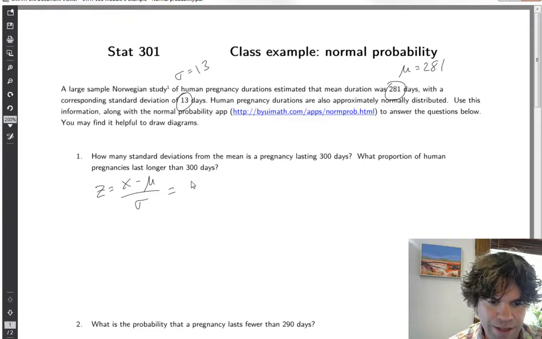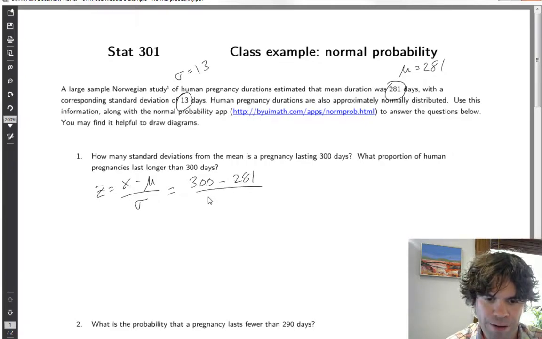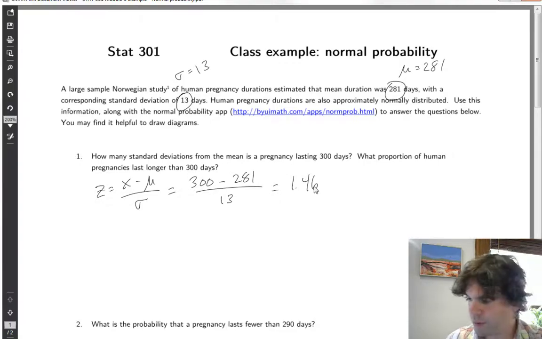And so I'll plug in the values. X is the value that we want to standardize. In this case, it's 300 days minus the mean of 281 over the standard deviation of 13. And you should get 1.46. So 1.46 is a number of standard deviations.